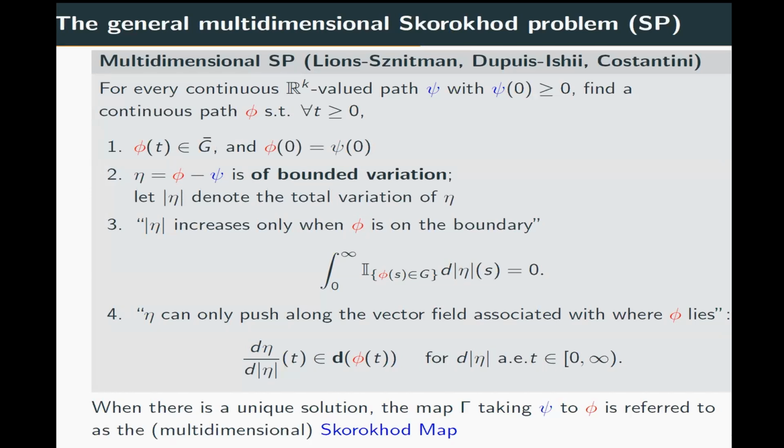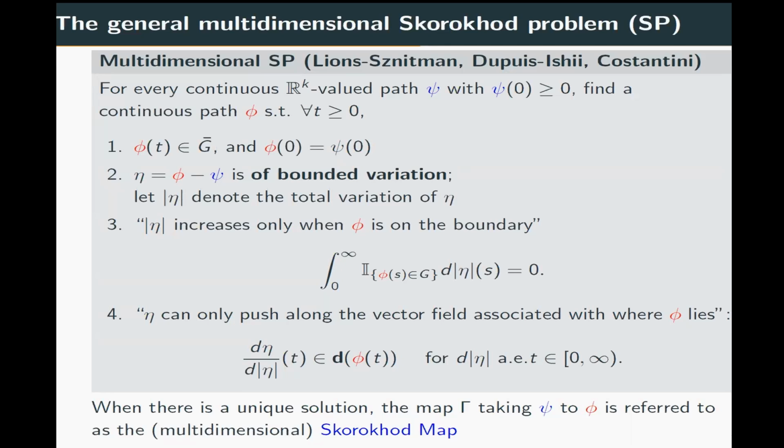The way in which I push is now not in the normal direction, but it's a D. But the rest of the conditions are exactly the same. And of course, this is just an axiomatic thing. Then you have to ask, does there exist a solution? Is it unique, etc.? So that's the question. But the axiomatic framework of what it means to be a constrained process with this vector field is made clear in this pathwise sense.